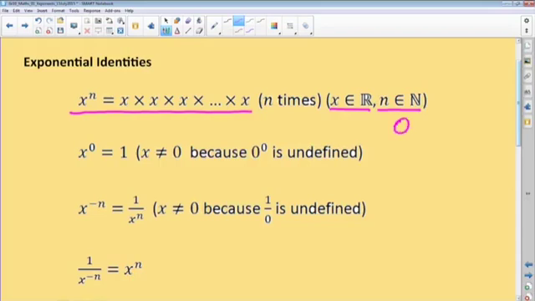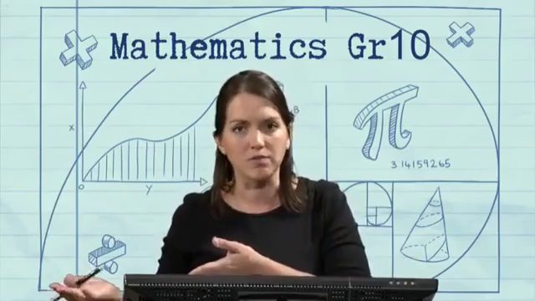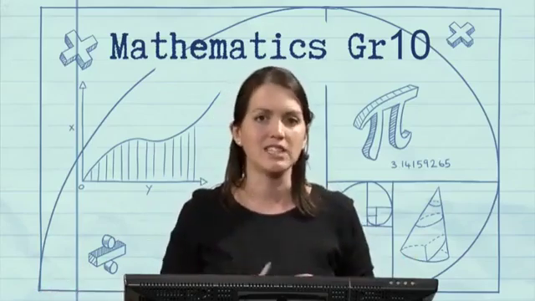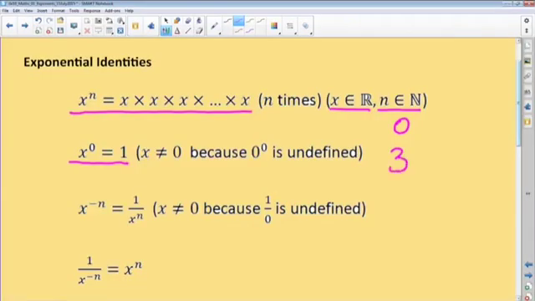Okay, then the next one I get asked about often. x to the power of 0 is equal to 1. And people often say, how is x to the power of 0 equal to 1? Well, let's start this off by saying 3 to the power of 0. If you put 3 to the power of 0 into your calculator, you should get an answer of 1. Now, I'm sure we can all agree that 3 to the power of 1 minus 1 is the same as 3 to the power of 0.